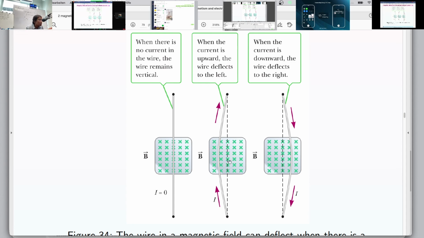So v to B, after you use your right hand, you will find that your thumb direction is going to point to the left. So the magnetic force is directed to the left hand side, so that's why every force in this area will bring the connector to the left, and that's why you get the left bending shape of this conductor.